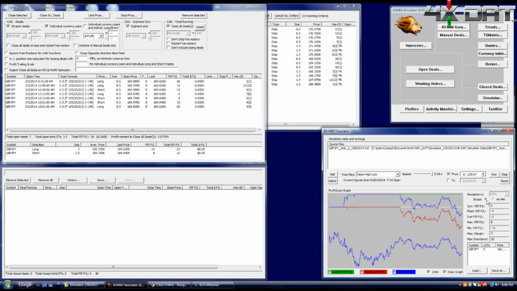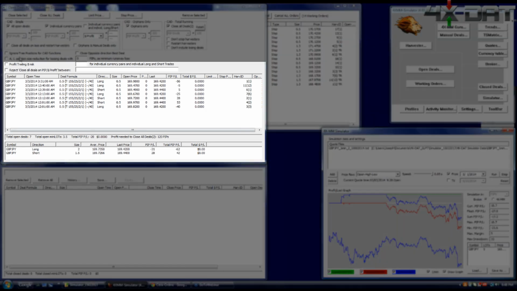Now up here on the upper side of the harvester, what you see is 3 other lines. One is green, and these are all the trades that have been closed so far. The red line, it's an equity line that illustrates all the trades, or the aggregate profit or loss of all the trades that are currently open, and they are in the open deals window.